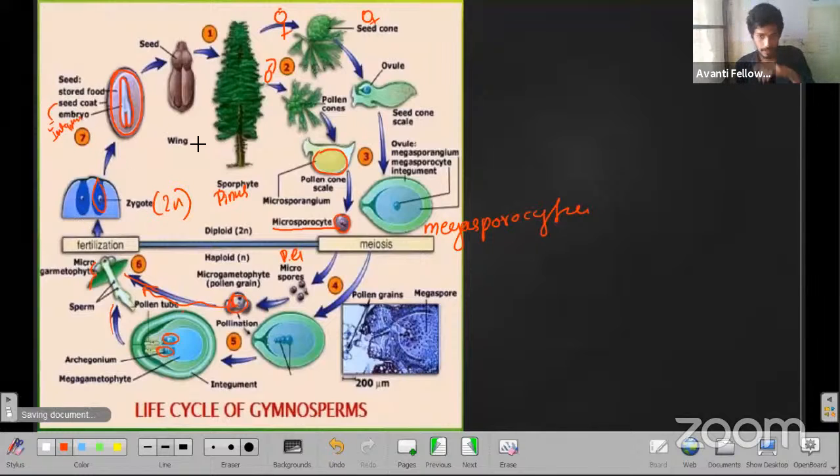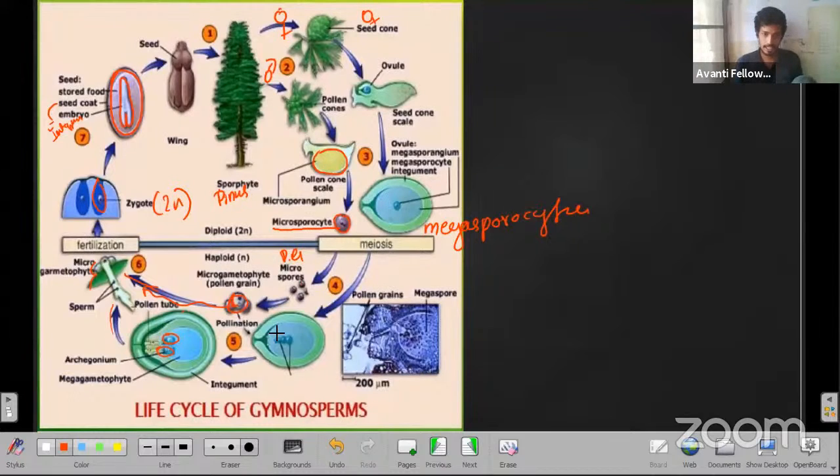So I'm coming back once again. The plant is here, and this plant gives male strobili and female strobili. The female strobili contains Megasporophyll and the megaspore. Male contains Microsporangium having the microsporocyte.